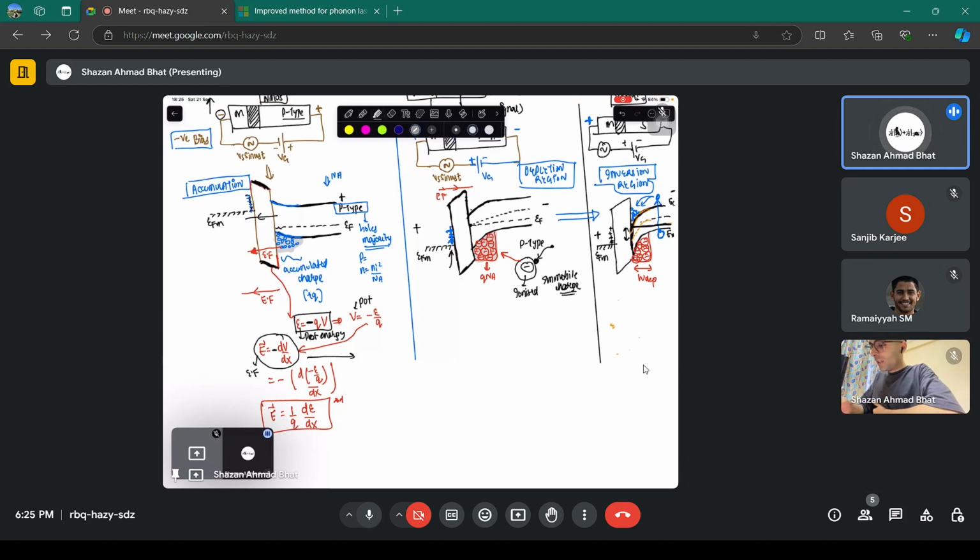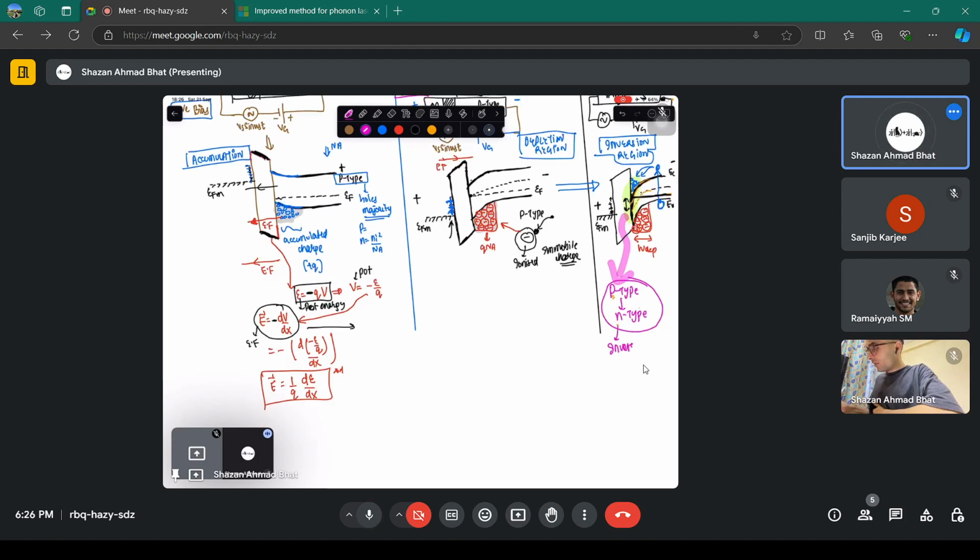That means in this region, the p-type gets converted to n-type because now there are more electrons here. And this is what is called inversion.